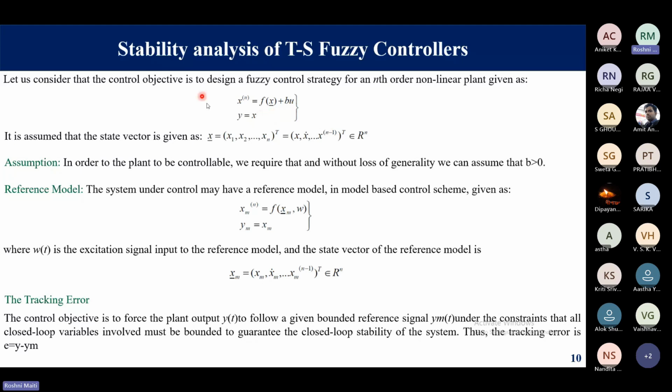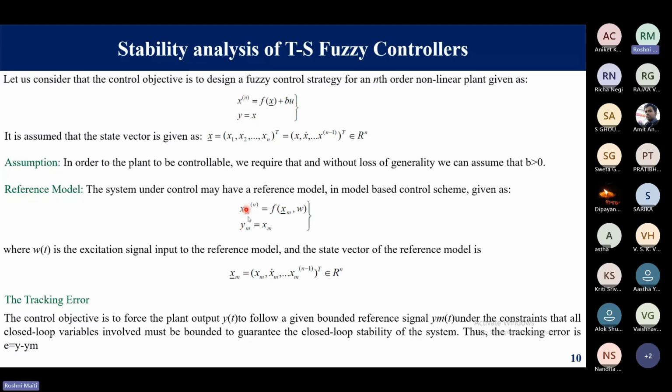So here we have defined the state x dot equals f of x plus b into u, where x is our state, u is the input, and y is our output. Now, we can take our reference model as this.